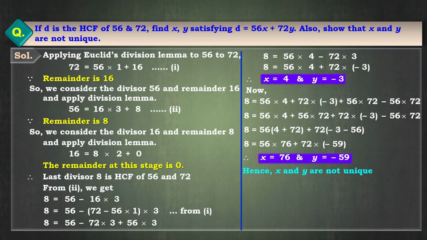So they asked us to prove that x and y are not unique. You can see that we can represent x and y in different ways, so they are not unique. Unique means whatever you apply, you will get only one value. But in this case, you can get multiple values. So that is why it is not unique.